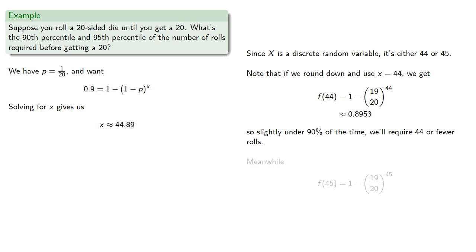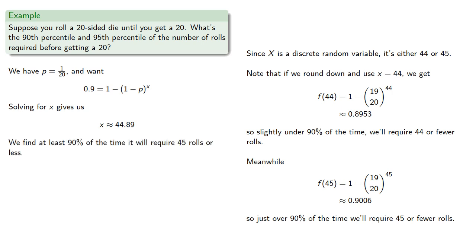Meanwhile, if we rounded up and took 45, we'd find, and so just over 90% of the time will require 45 or fewer rolls, and so the solution is going to be 45. At least 90% of the time will require 45 rolls or less.